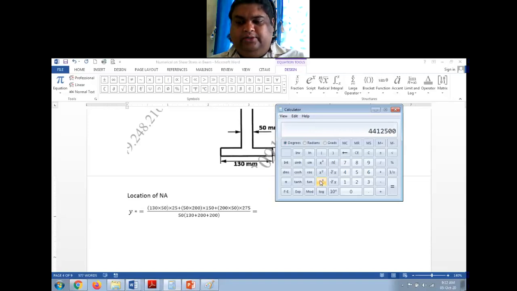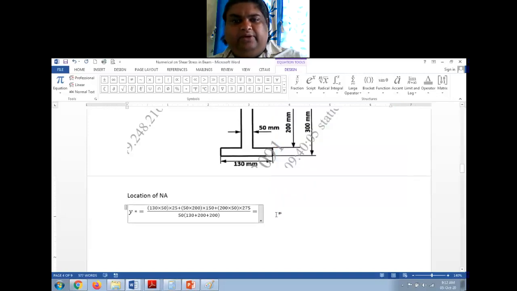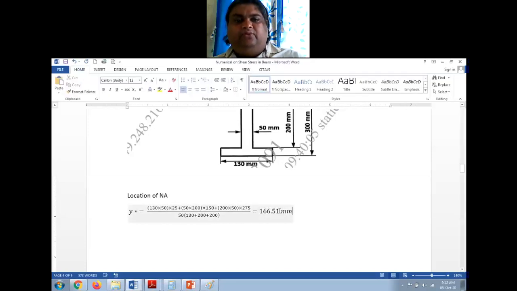So this is the numerator divided by 50 into 130 plus 200 plus 200. So this is 166.509, or I'll take it as 166.51. Okay. So I have found the location of y bar.